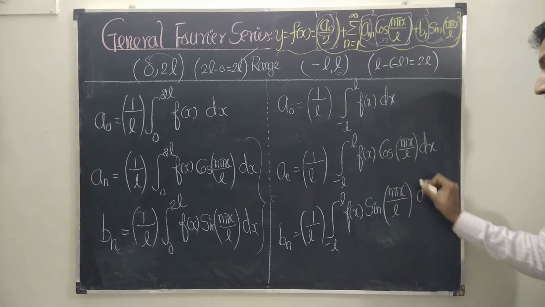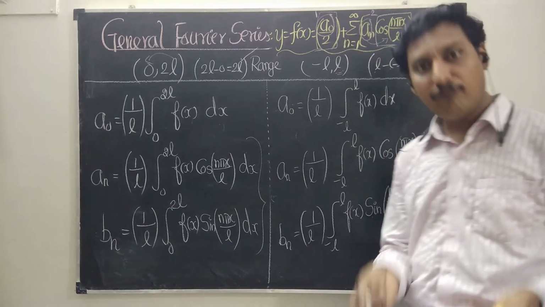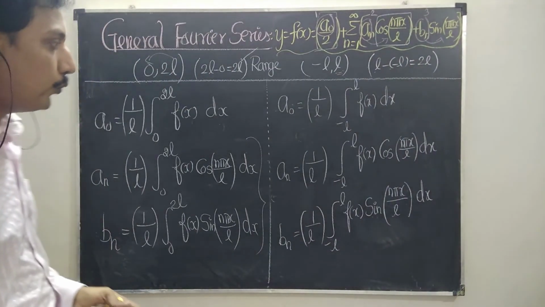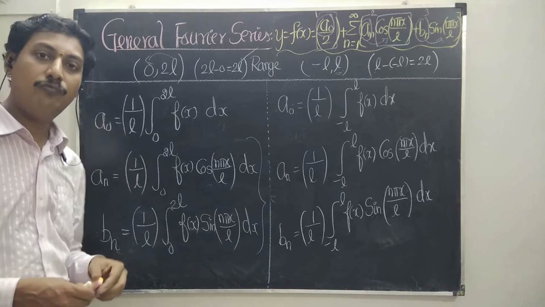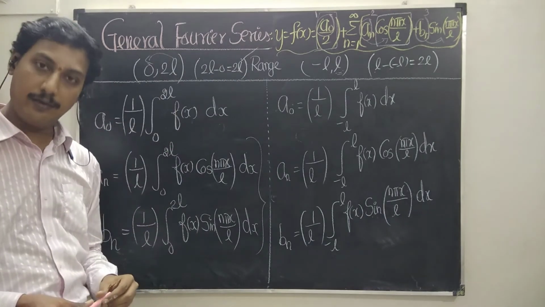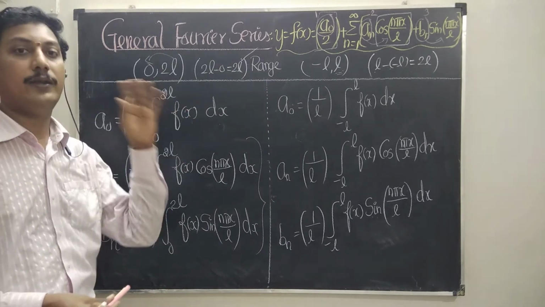So this is the way to identify, and even you can easily guess, the formula to find the Fourier coefficients A0, An, Bn with the help of the given range. So this is table number 1.